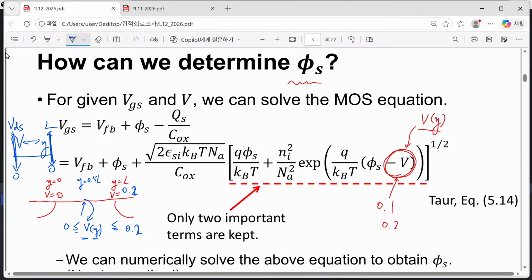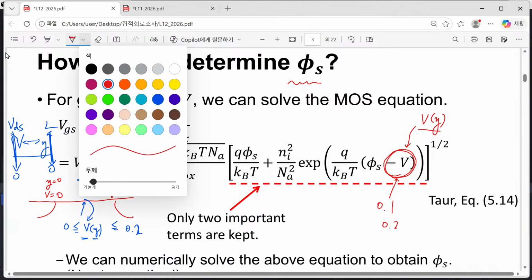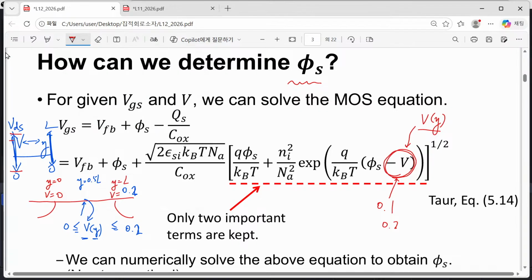Within this voltage range you can find many intermediate values, and for each one you can calculate phi s.